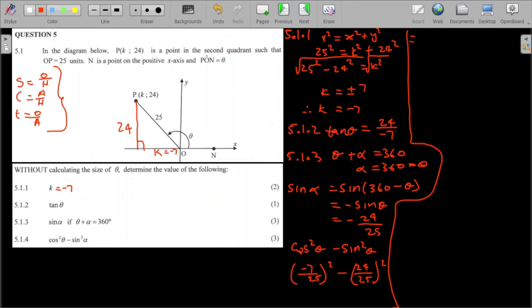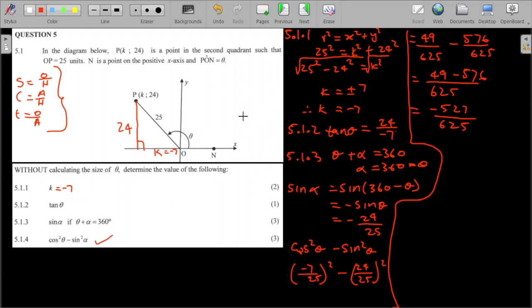We know 7 squared gives us 49 over 625, and minus 24 squared gives us 576 over 625. Since I have the same denominator, it's 49 minus 576 all over 625, which gives us negative 527 over 625. So this is the last answer of this question.